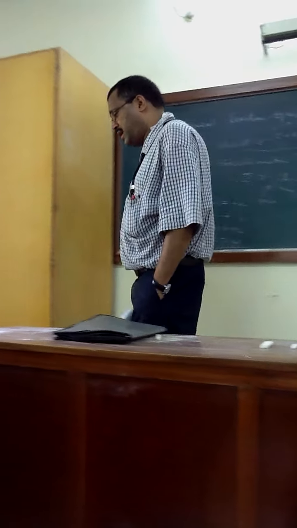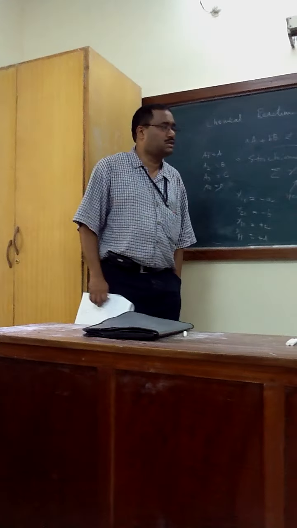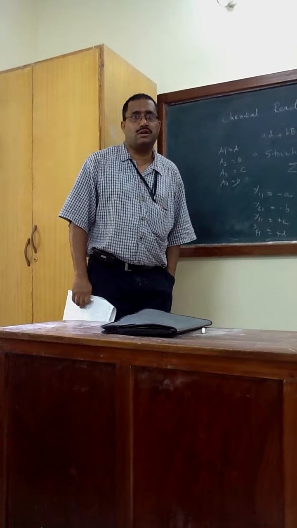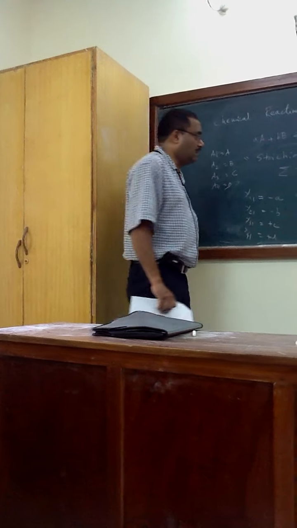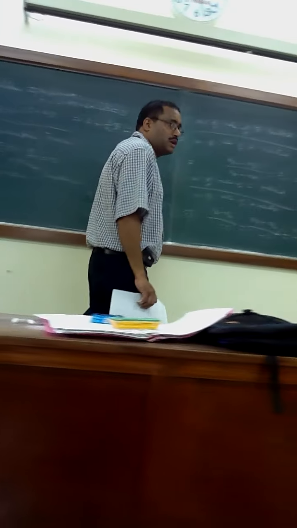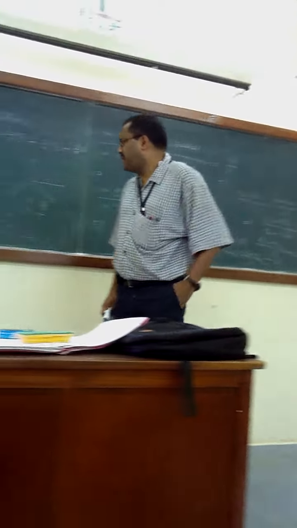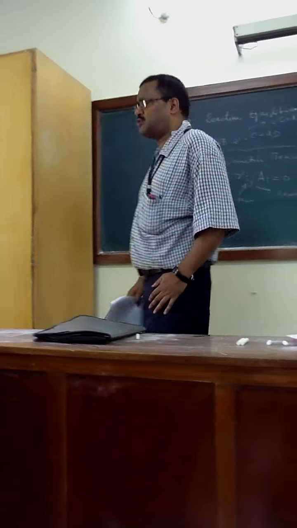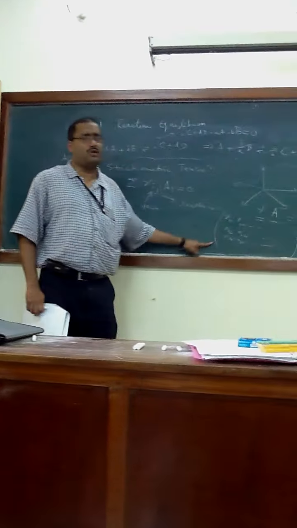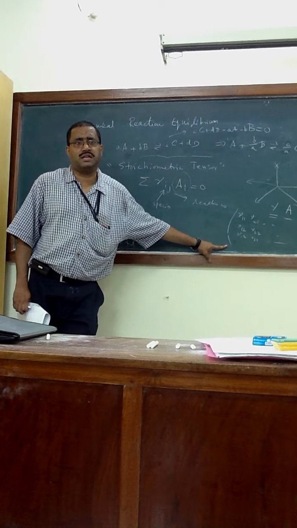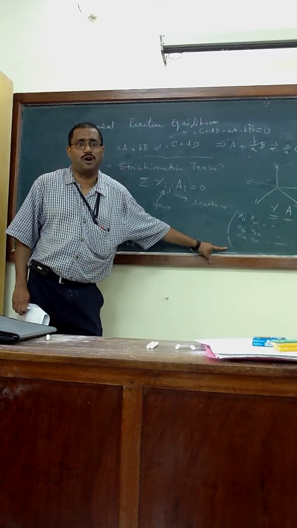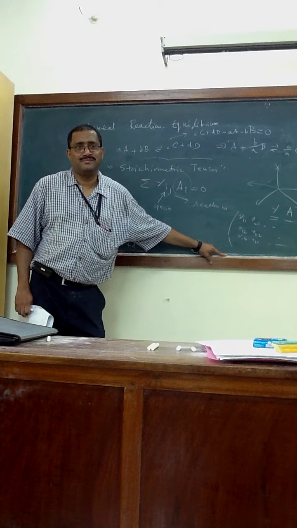In fact, anybody can teach the entire chemical reaction engineering with vectors and tensors only. So tensor is the ideal word in chemical reaction engineering. This is a classic example of a non-square matrix. Most of the cases, this will be non-square. So the stoichiometric tensor is the classic example of a non-square matrix. You cannot have any other.